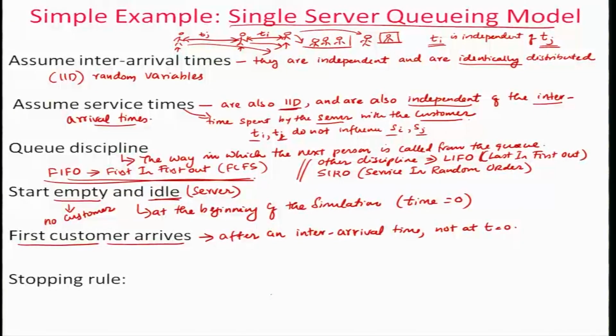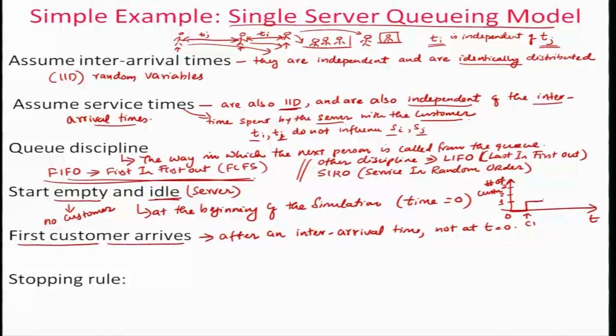So, the simulation clock starts. If you think about it graphically, this is the time, this is 0, and here is the number of customers. The system will remain at 0 for some time and after some point the arrival will happen. This is where C1, the first customer, will arrive and the number of people becomes 1.